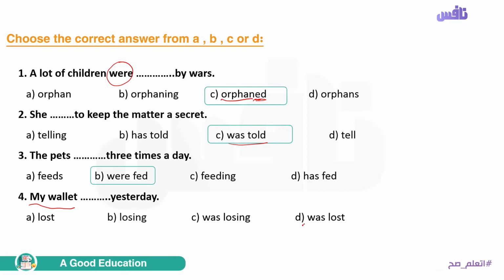Yes, with was plus the past participle. But this one is not right. It is a verb in the active voice, past simple. Losing, gerund, no. Was losing, past continuous in the active voice. So letter D is the correct one.